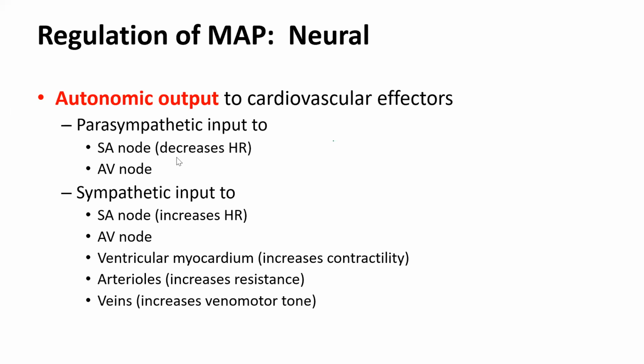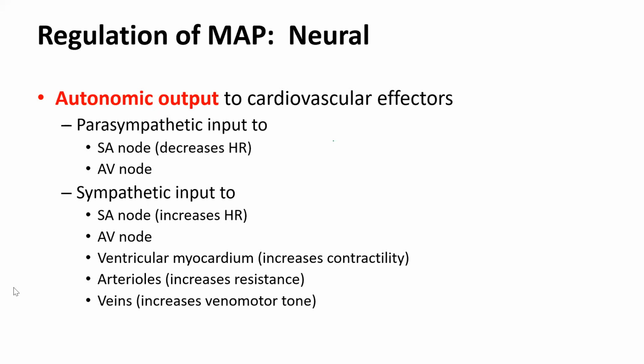The sympathetic system has a more invasive response or a more extensive response in terms of regulating that mean arterial pressure. So the sympathetic nervous system can increase heart rate via inputs to the SA and the AV node. It can also increase ventricular contractility by forcing those contractile cells of the myocardium to work harder.